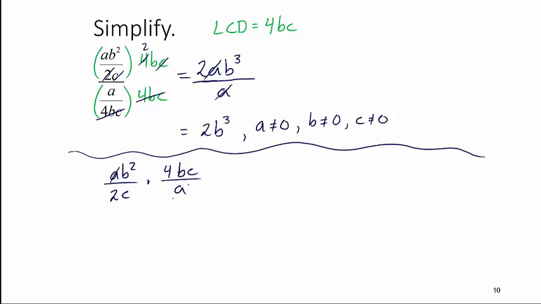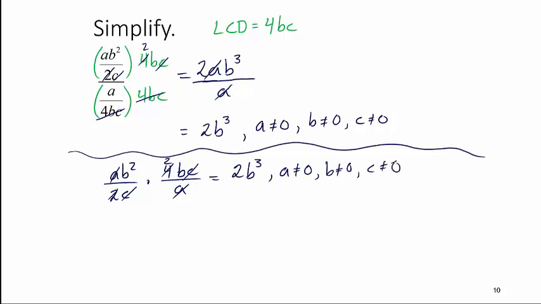So I have a over a, right? 4 over 2 is 2. C over c cancels, right? So don't forget about that 2 again. So I have 2 b squared times b is b cubed, right? With all of the same restrictions, right? A can't be 0, b can't be 0, c can't be 0, right?